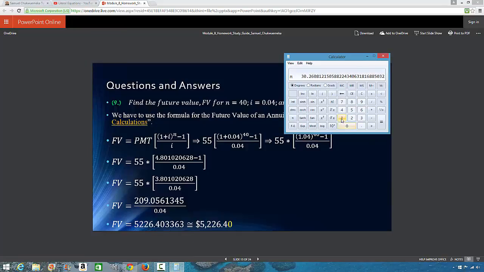Let me clear the memory. 1 plus 0.04 equal to, then you raise it to 40 equal to, then minus 1 equal to, then divided by 0.04 equal to, you see it, each step, then times 55 equal to, gives you this. Okay.